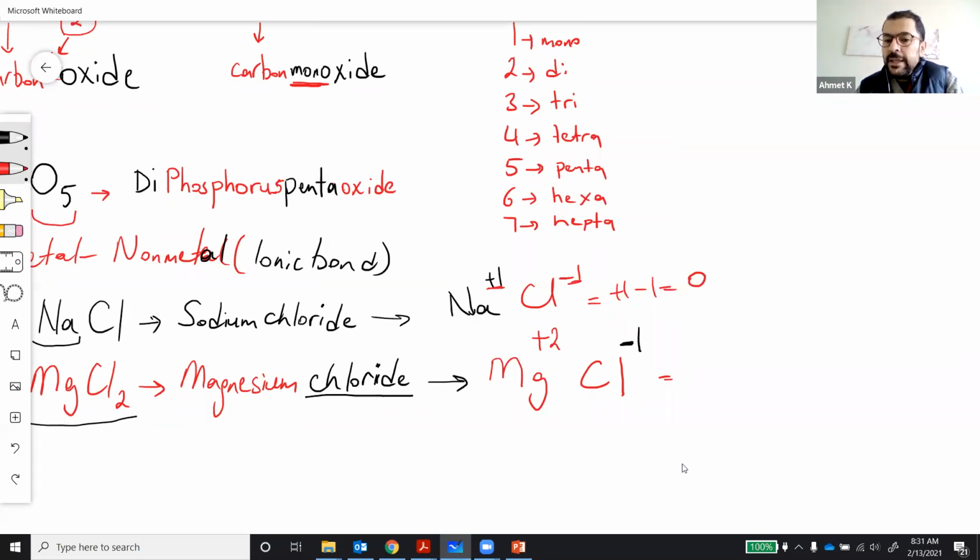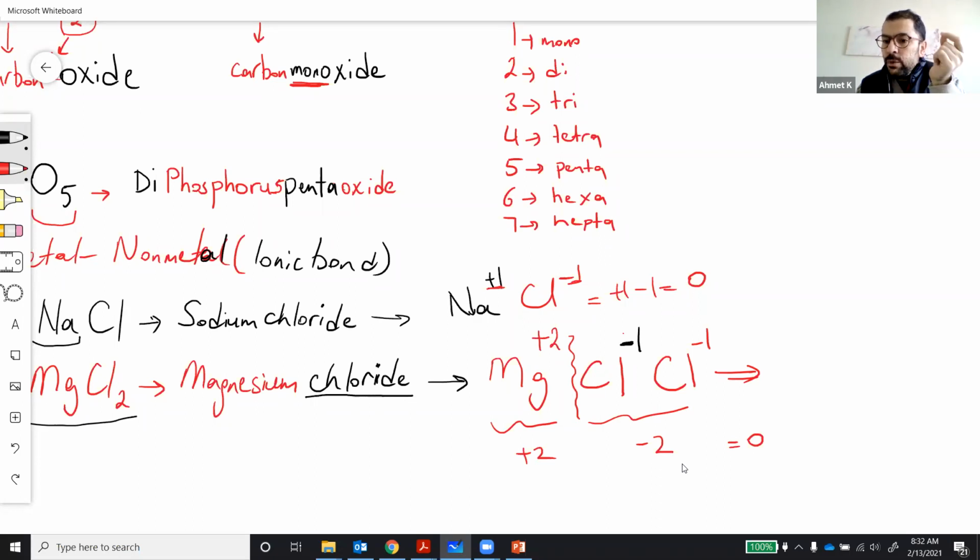Well, you need to add, again, since the magnesium is +2, you need to add another chlorine with -1 charge, so that you have 2 chlorine, and their charges add up to -2, and magnesium is +2, so the overall charge is 0. Make sense?